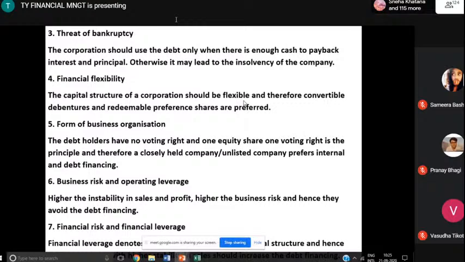Say first internal financing, then debt financing, then equity financing. Why first internal financing? You are reinvesting your own profit. Do you have any cost of capital obligation? Do you have any dividend payment obligation when you reinvest your own profit?